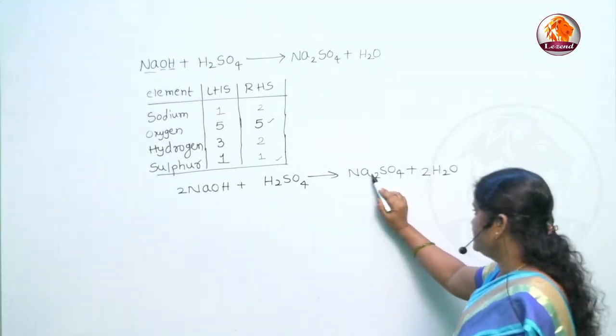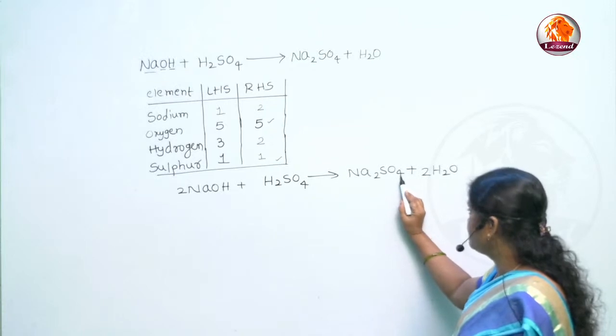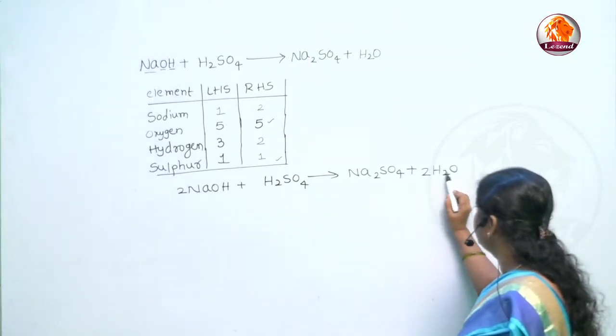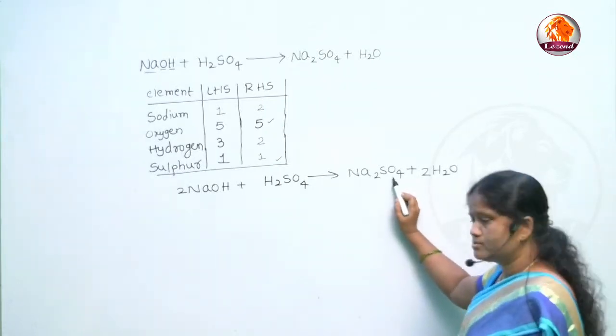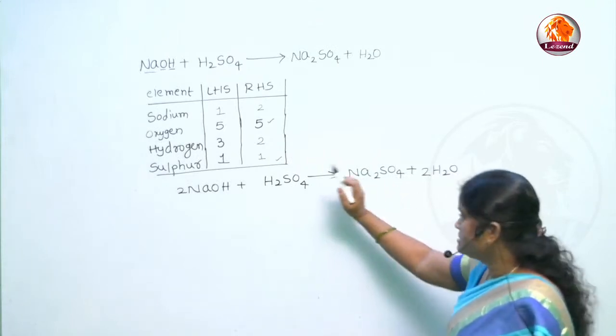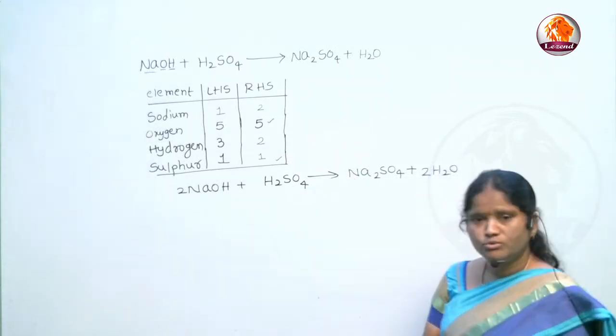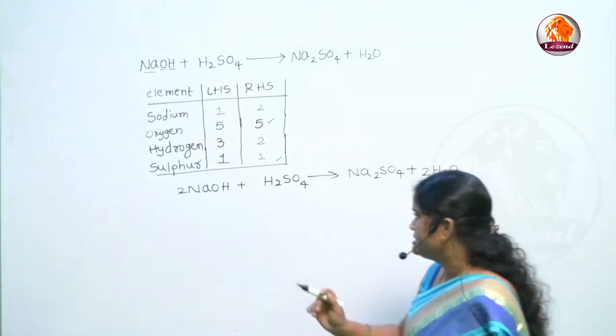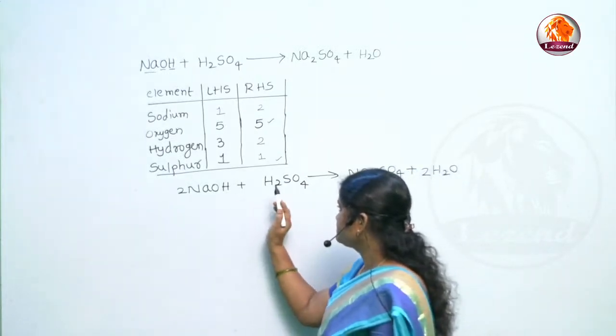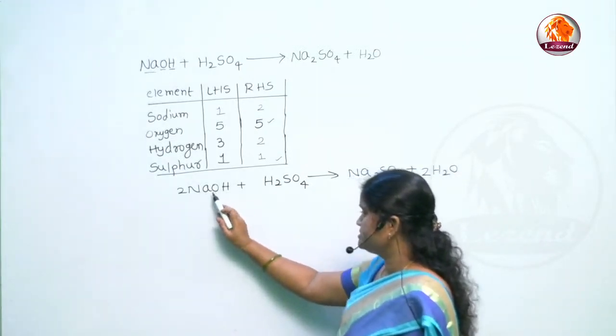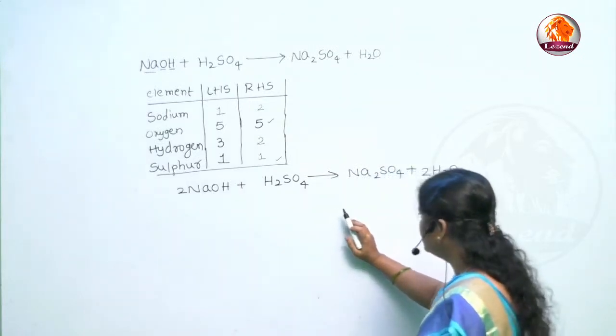Na2SO4 has 4 oxygen atoms, and the water molecules 2. 4 plus 2, how many oxygen atoms now? 6. Means oxygen atoms are also balanced on both sides. Okay, what other atoms do we still have? Sodium balanced, oxygen atoms balanced, and hydrogen atoms also balanced.